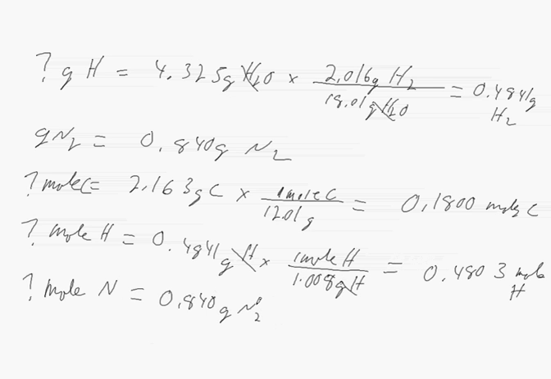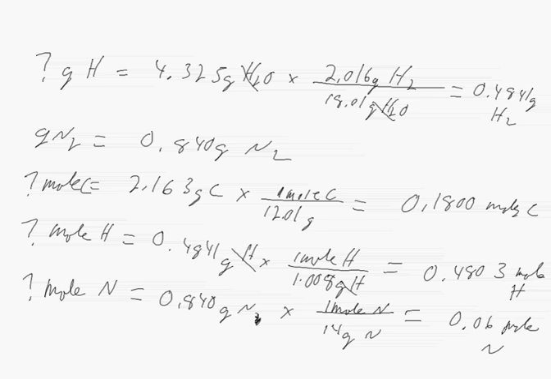and we know that for every 1 mole of nitrogen we have 14 grams of nitrogen, so it's just 1 mole. This would be equal to 0.06 moles of nitrogen.